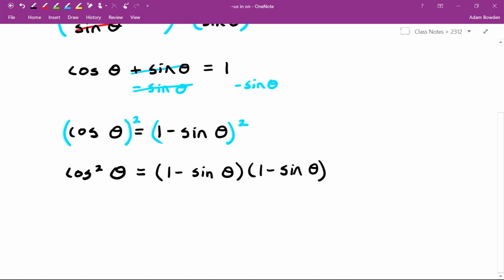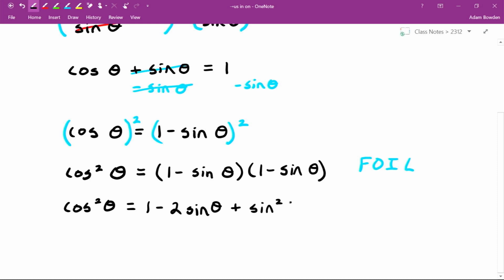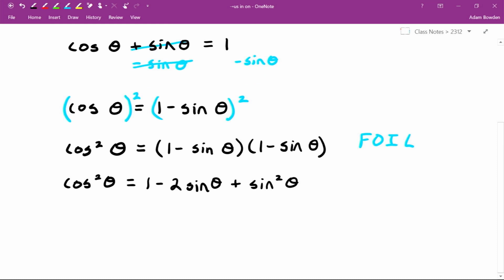And what you'll have to do is expand that out by foiling it. So the result would be cosine squared theta equals 1 minus 2 sine theta plus sine squared theta. Since we have mostly sines, let's convert that cosine theta now using the identity.